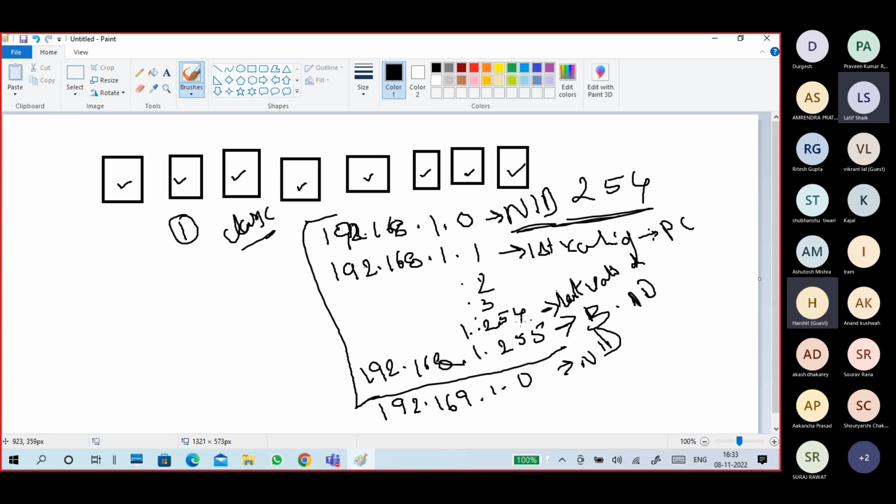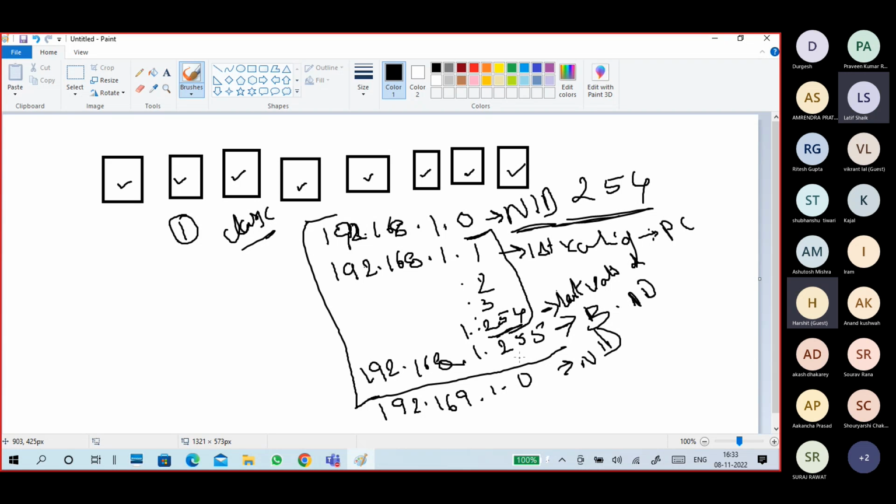The last valid IP address is called the last valid IP. This is the first valid and this is the last valid. Means 1 to 254 we can assign to the devices. We cannot assign IP address 0.